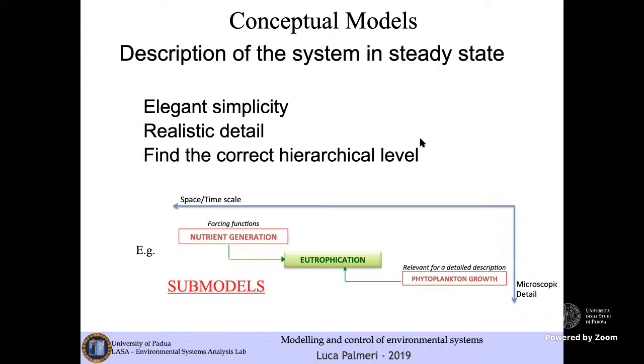I already told you that this is the point, model conceptualization, at which you decide which is the complexity of the model that you're going to employ. We discussed a little bit the term of complexity. We said that in this context, complexity may be seen as a characteristic of an environmental system from one side, but it might be seen also as a characteristic of a model describing the particular system that I'm looking at.